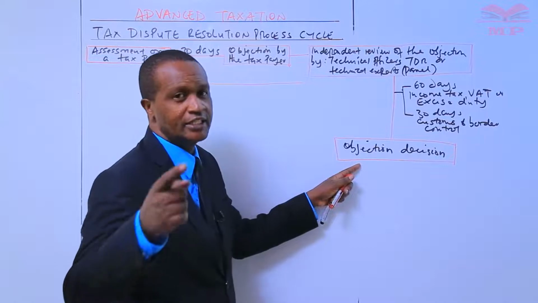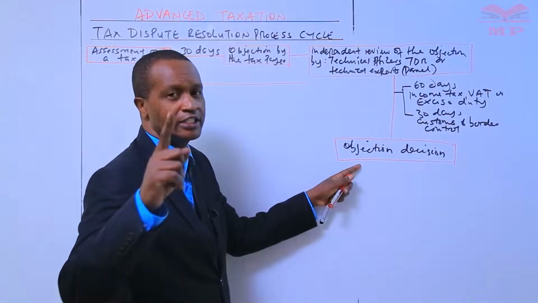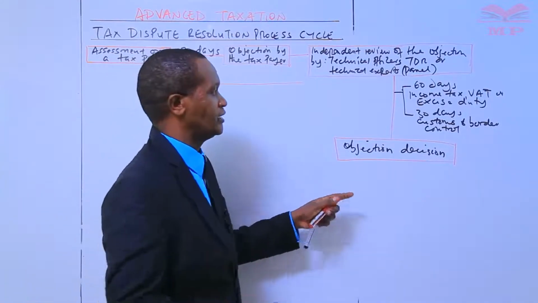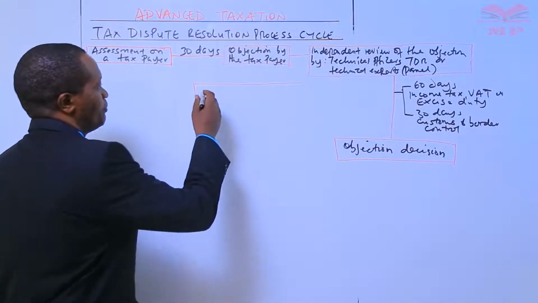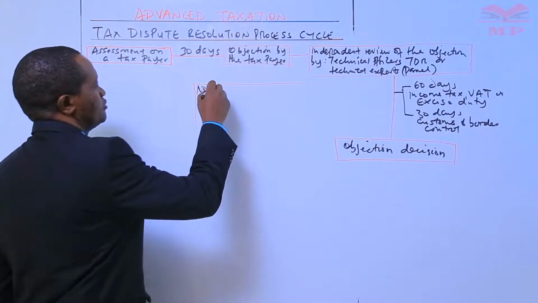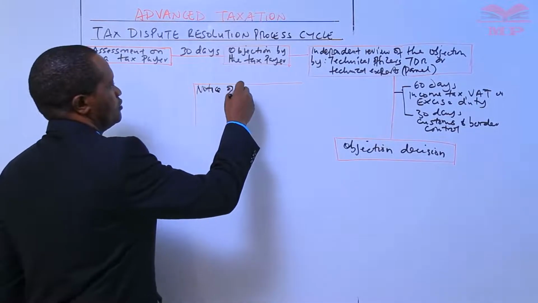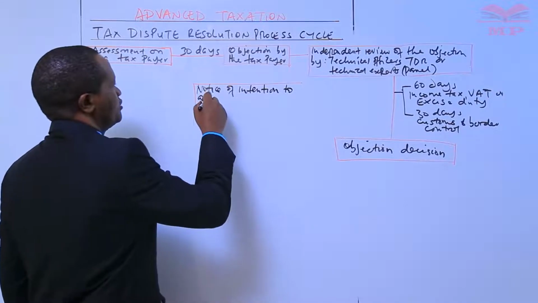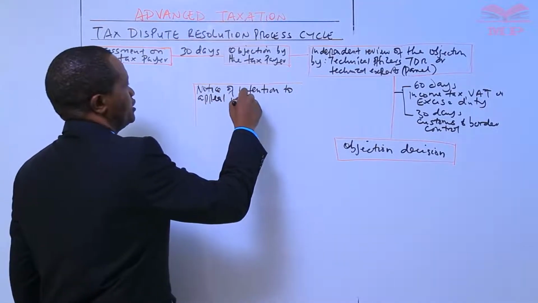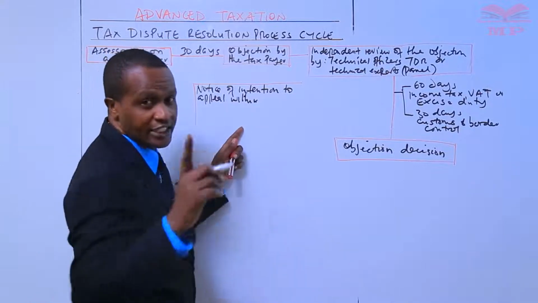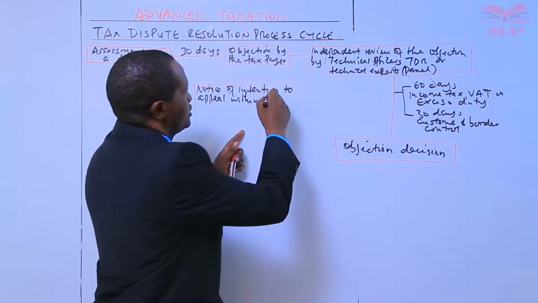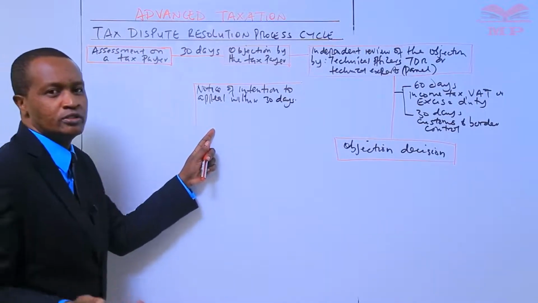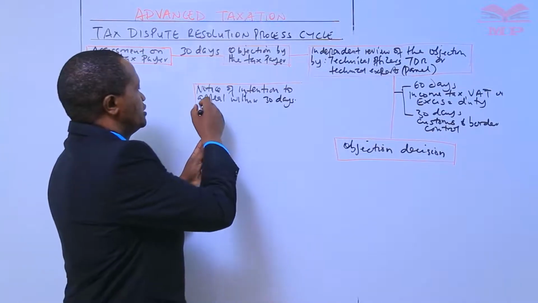If that is the case, then he is required to give a notice of intention to appeal within 30 days. Then he should lodge or file an appeal within 14 days.